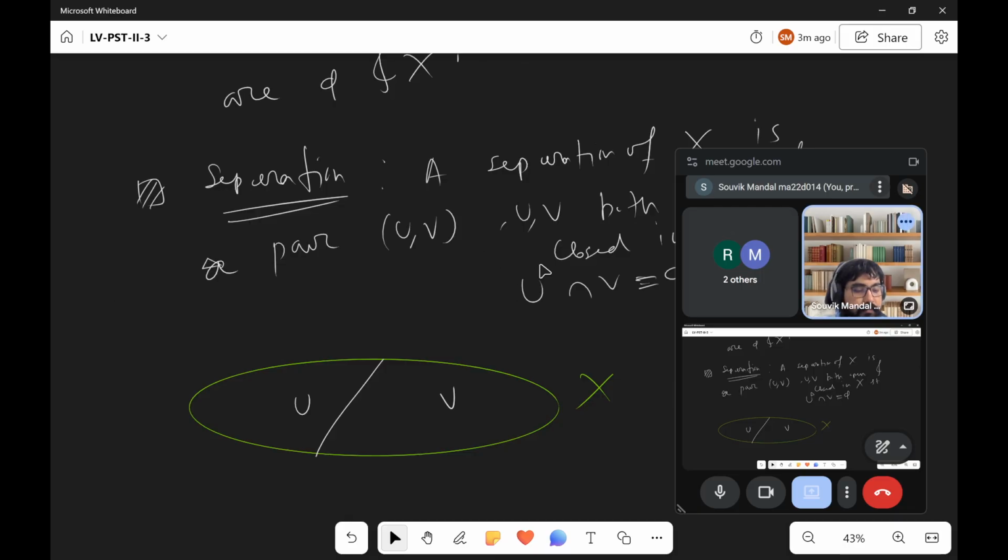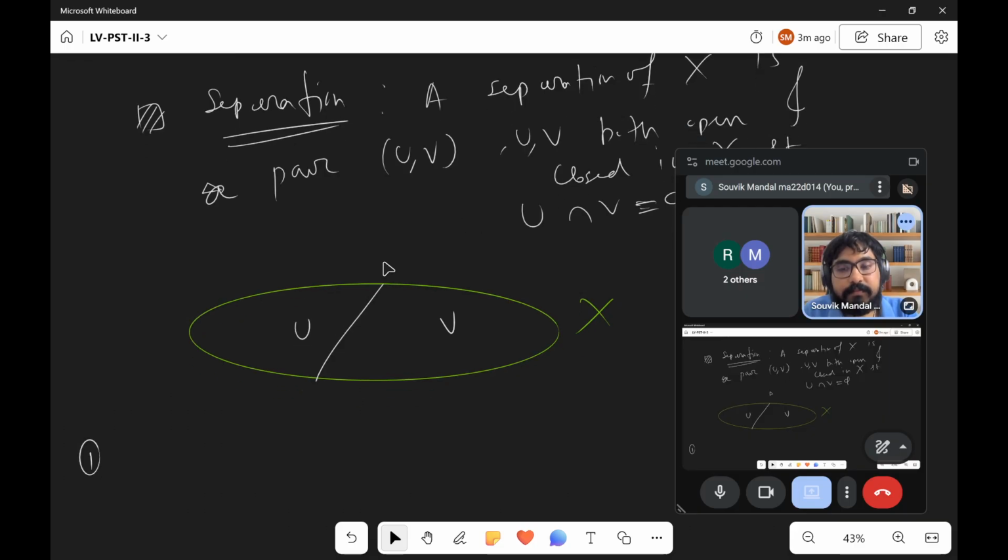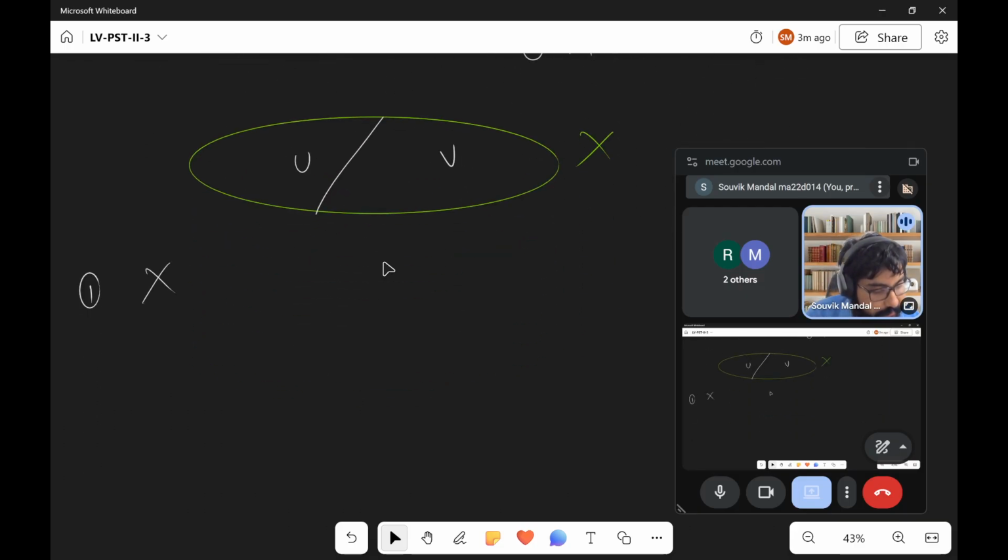Now, the thing is, X is connected. Before this abstract thing, look at the hyperbola x squared minus y squared.